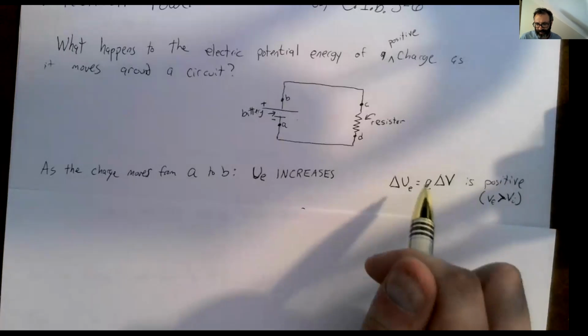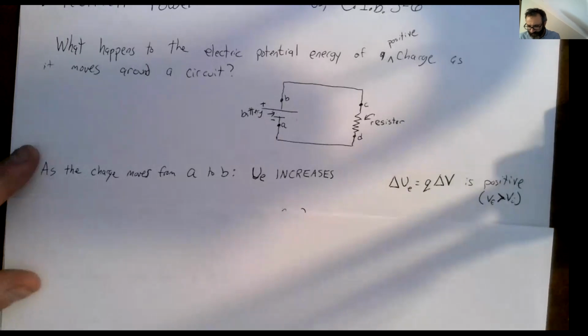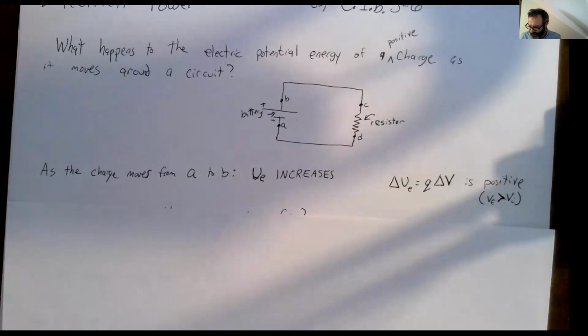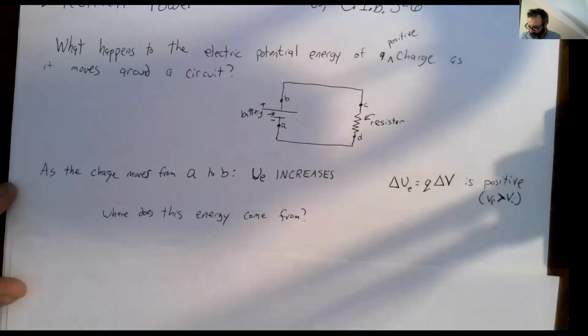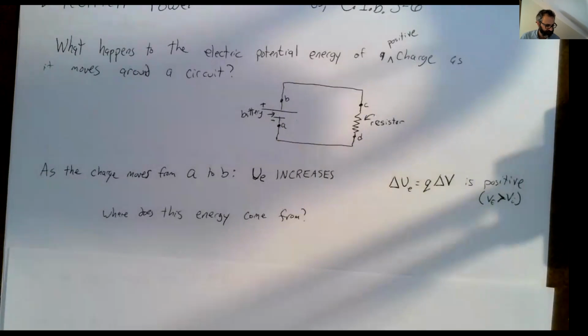Just looking at the definition of electrical potential energy. Yeah, it makes sense. So if that energy increases, where does it come from, do you think? What's going to get a positive charge to move from this end of the battery to that end of the battery?